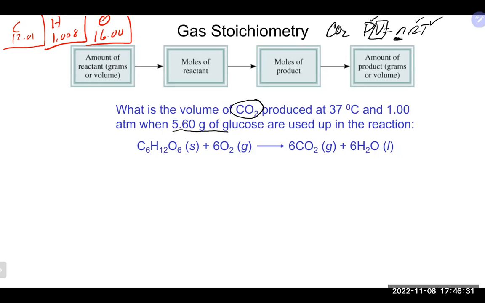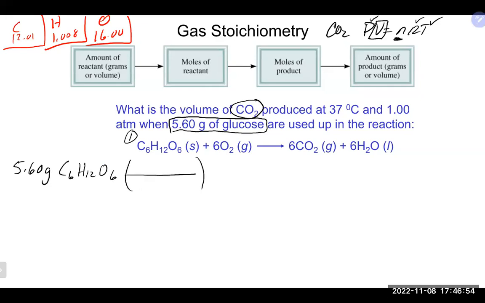The only other piece of information that's given to us is that we're going to start with 5.60 grams of glucose. So we'll start our stoichiometry problem like normal. We obviously have an equation, and it's balanced. We're going to take what they gave us, 5.60 grams of glucose, and convert this into moles. Going to the periodic table and adding up all the parts, it looks like 180.2 grams per mole of C6H12O6.